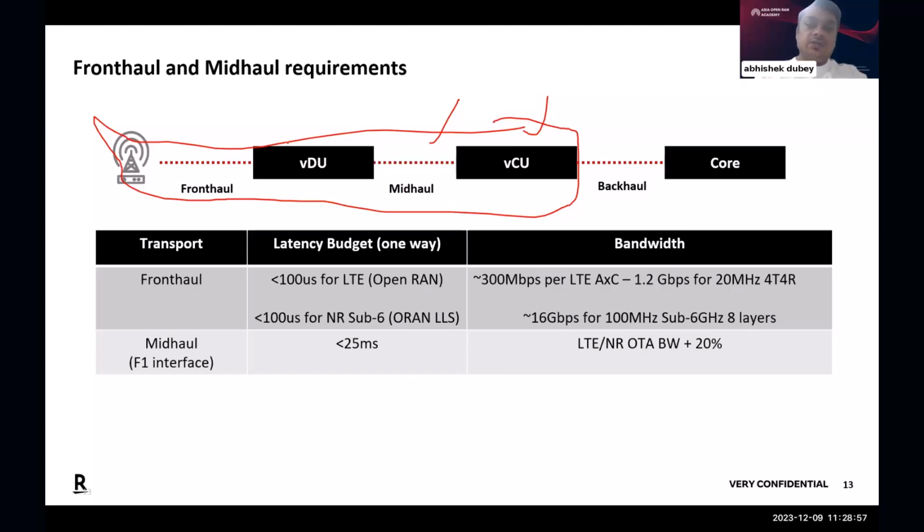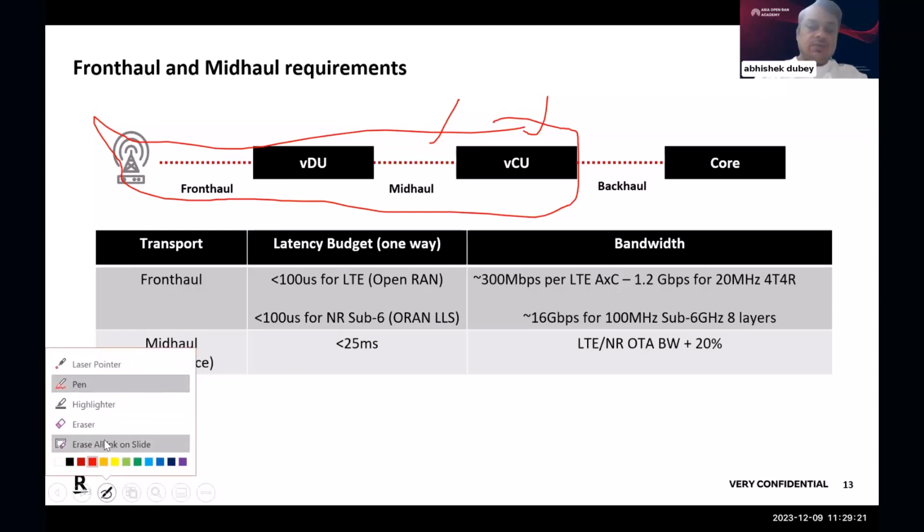And for DU as well, one server can host, in the minimum requirement, 9 to 10 DUs. Okay. All right, so along with that, bandwidth requirement is also mentioned here. Let's go to the next part and let's see what we have.